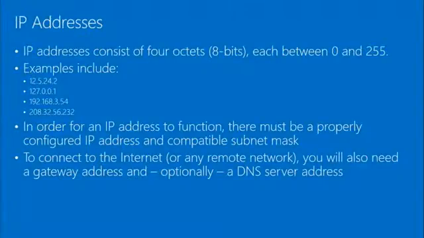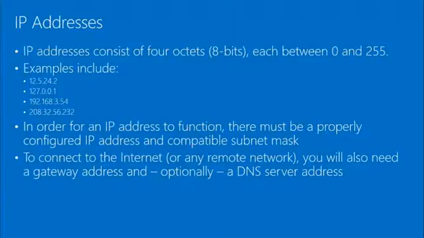So our IP addresses. We've talked previously about MAC addresses, media access control addresses that work at layer 2. IP addresses are addresses associated with the TCP/IP protocol that uniquely identify devices on the network. They consist of 4 octets, 8 bits, between 0 and 255. At what layer? The network layer, which is layer 3 of the OSI model.